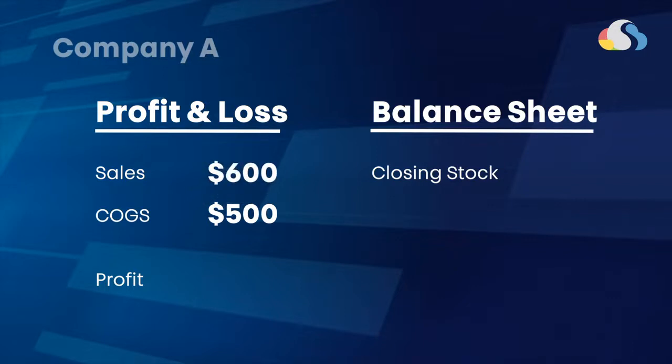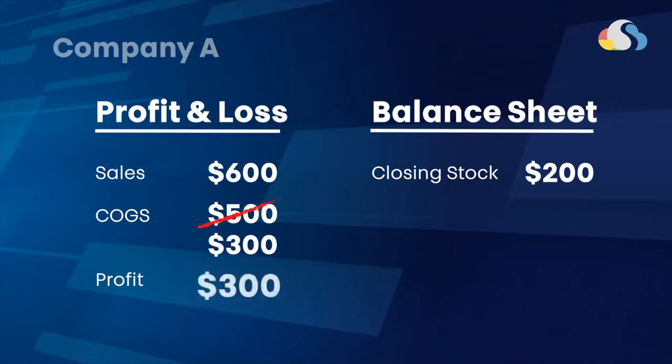At the end of the month or at the end of the year, they will do their stock count and say, okay, I have roughly $200 of stock. Then they will readjust the cost of goods sold so that it remains $300, and hence the profit for that period is $300. Very simple example and commonly practiced.